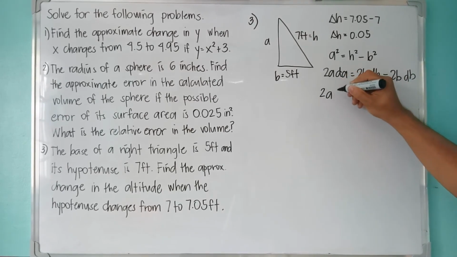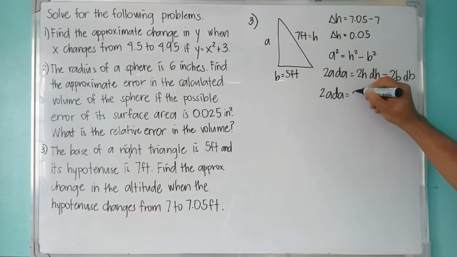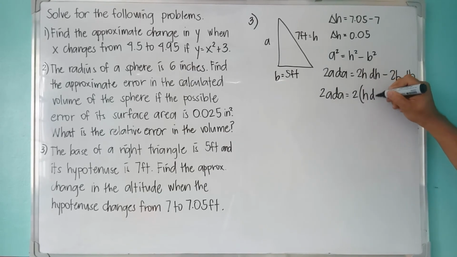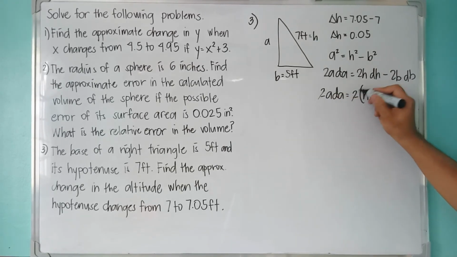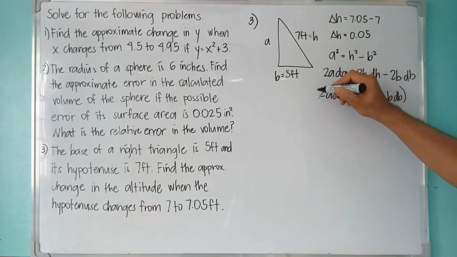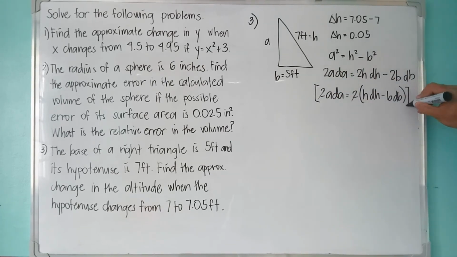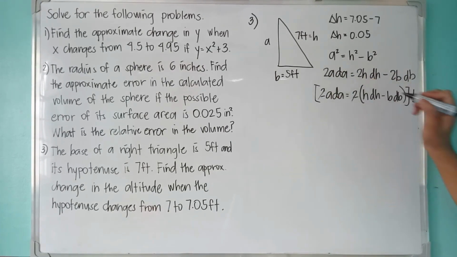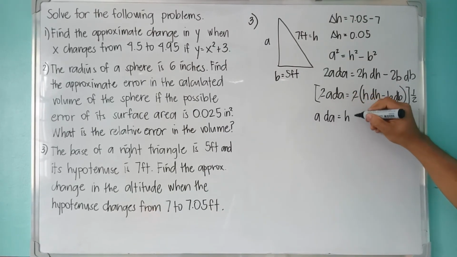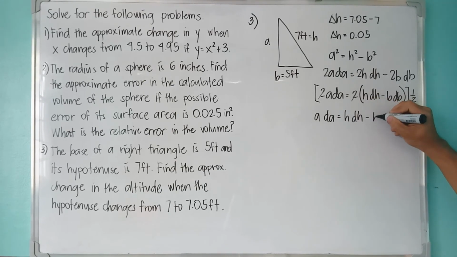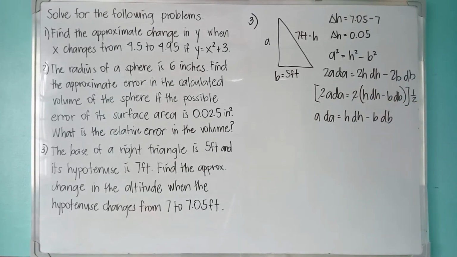Meron tayong 2A dA is equal to 2 times H dH minus B dB, di ba? Let's say, nag-multiply ako both sides ng equation by 1/2. Ma-cancel yung dalawang 2 na yan. So, meron na lang tayo ngayon na A dA is equal to H dH minus B dB.